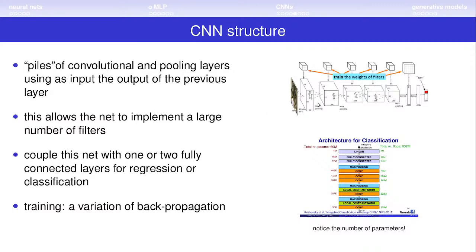So the structure is more or less like that. We have an input layer, convolutional layer, pooling layer, and so on. And we repeat up to the end. So we present an image here, and in the end we obtain a classification here. For example, in this case, a cat. The training of a network like that, although its architecture is completely different from a multi-layer perceptron, is also a kind of backpropagation, gradient descent.